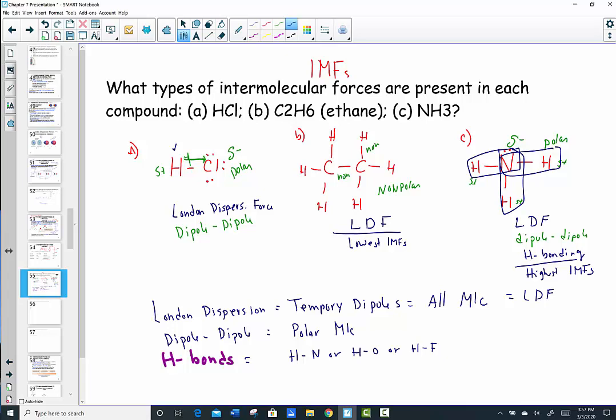The stronger these bonds are, the stronger the IMFs, the molecules stick together. They're very, very attracted to one another. So these ammonia molecules are really held tightly together. So it's going to take a whole lot of energy to disrupt and cause those molecules to separate to force a boiling.